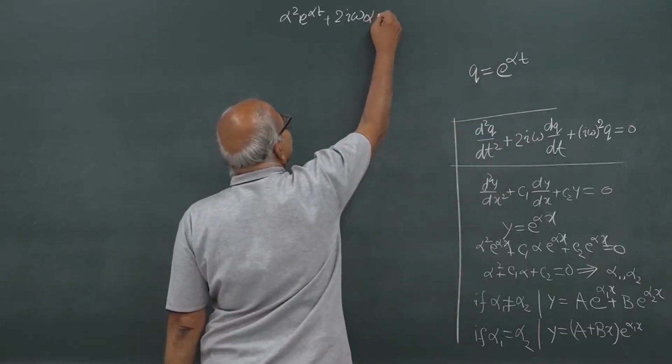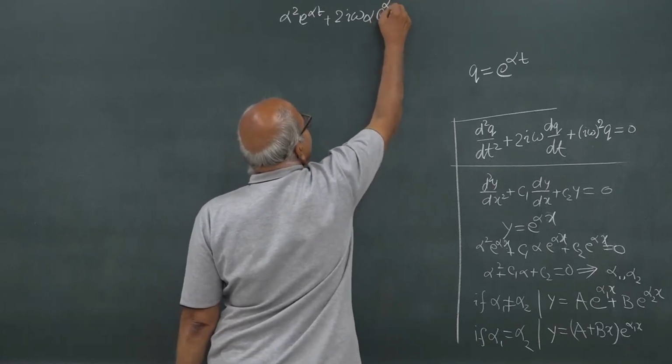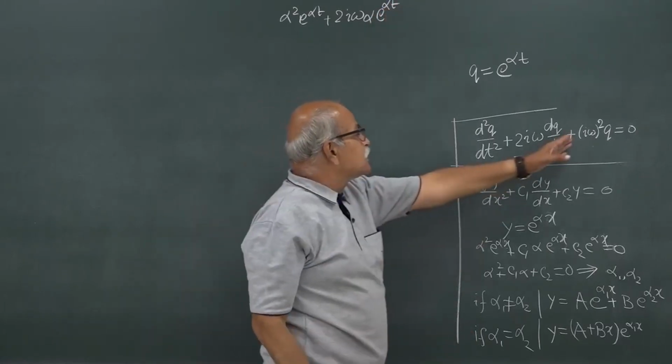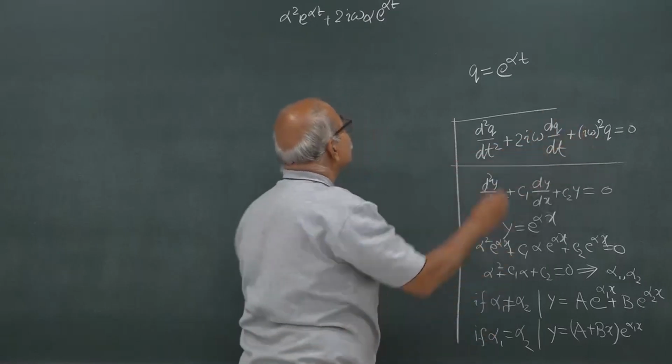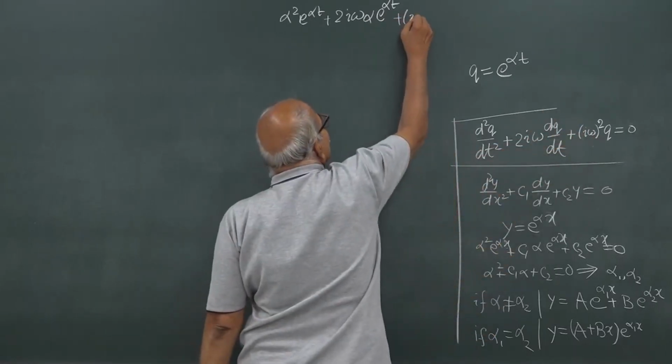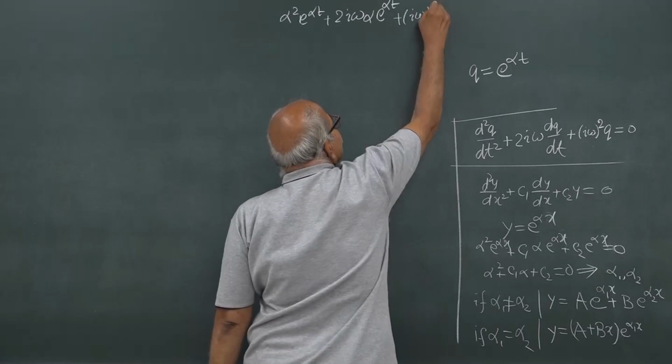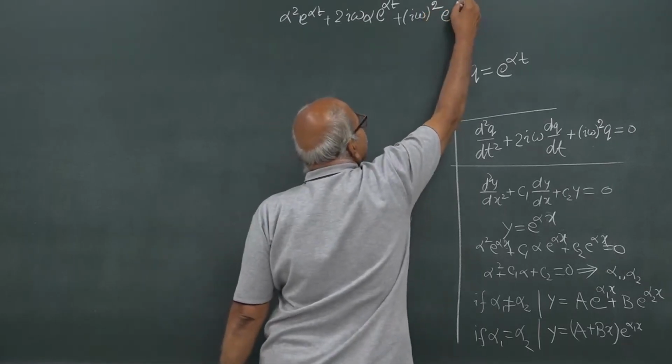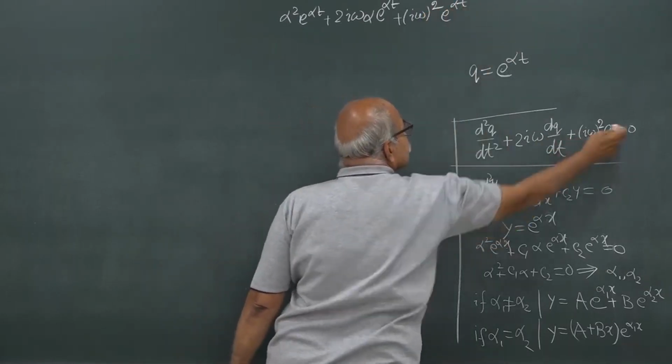So, alpha times e to the power alpha t, and then plus i omega whole square, and q is e to the power alpha t, and that is equal to 0.